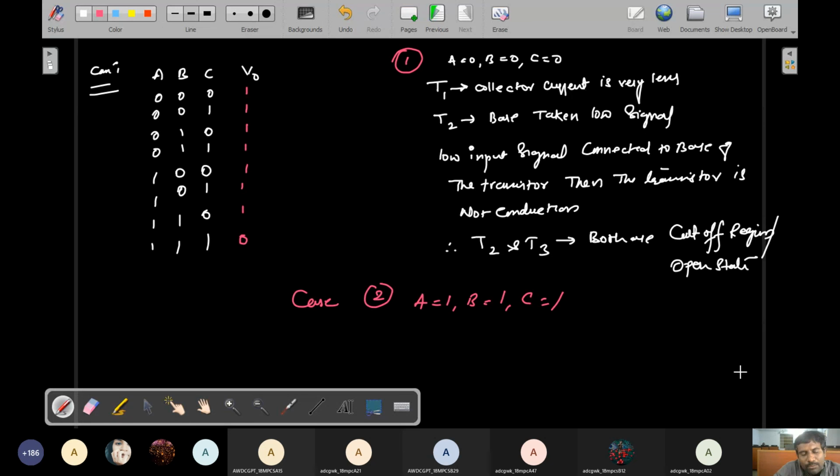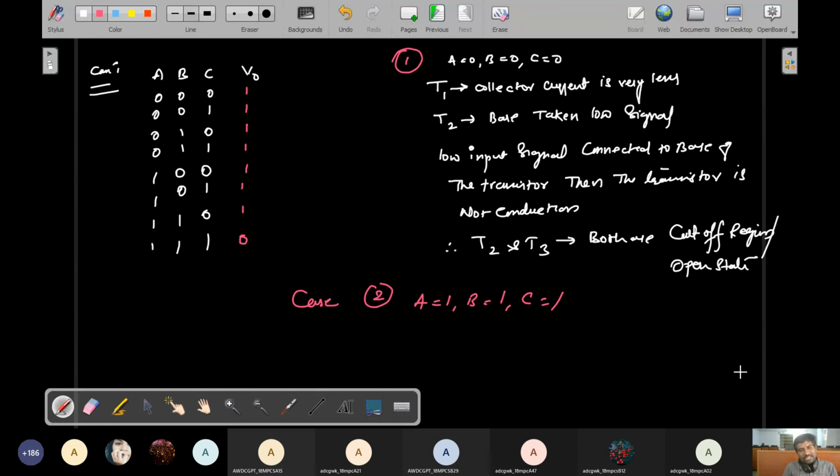TTL transistors are very easy to understand. There is only a single point you can remember, and you can understand it very easily. What is that single point? If any one of the input emitter terminals of the transistor T1 is 0, then the remaining T2 and T3 are both in open condition. That is called the cutoff region. These transistors are in the cutoff region. So in the 8 logic combinations that we are using, out of these 8, if any one of the inputs is 0, then definitely the output voltage is always high.